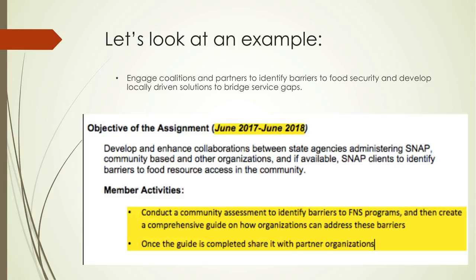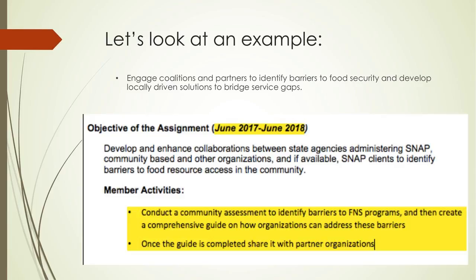So I chose for the objective that I thought fit best: develop and enhance collaborations between state agencies administering SNAP, community-based, and other organizations, and if available, SNAP clients to identify barriers to food resource access in the community. And that objective falls under the Benefits Access Plan goal.